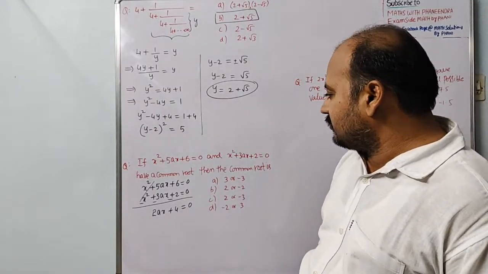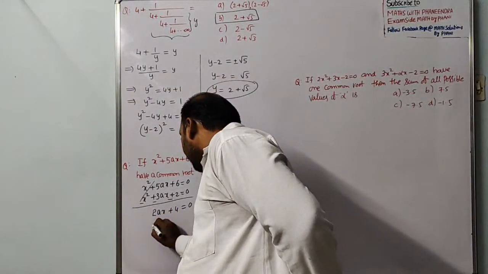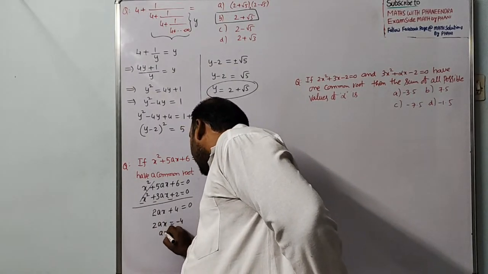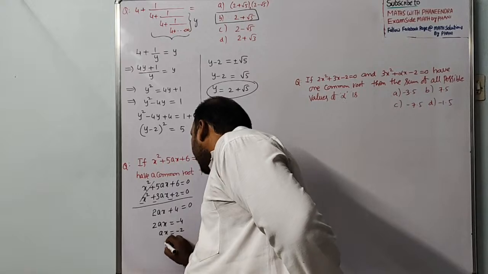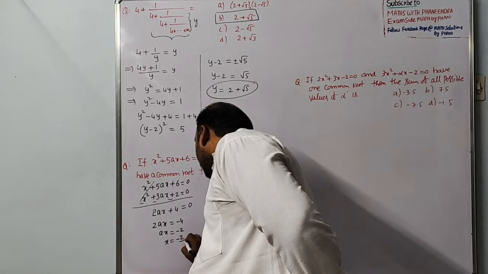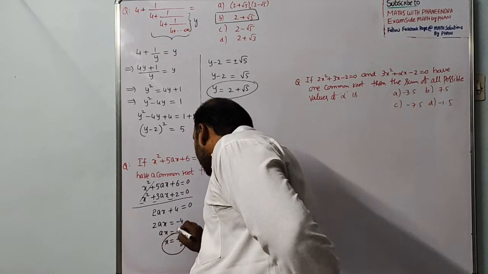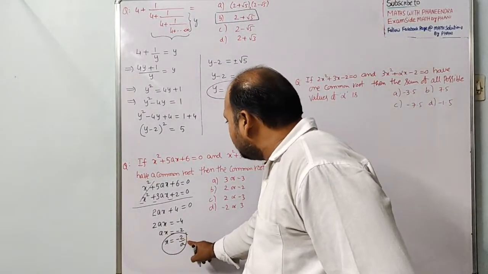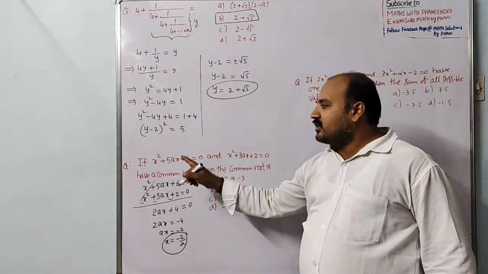Okay, students. From here, 2ax equal to minus 4, ax equal to minus 2, x is equal to minus 2 by a. So how to get the a value? To get the a value, you can substitute this x value in either this equation or this equation.